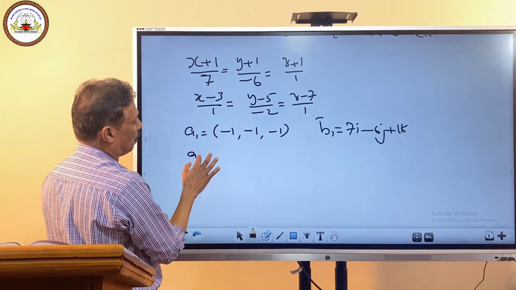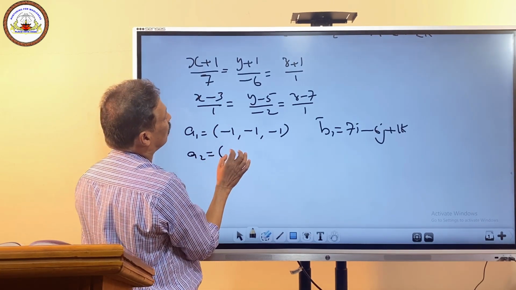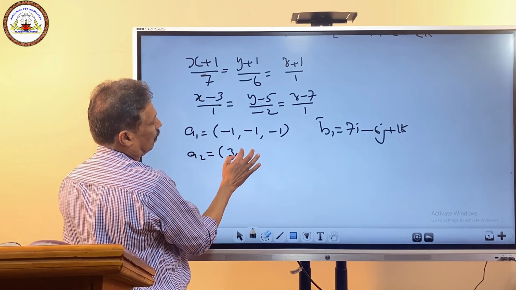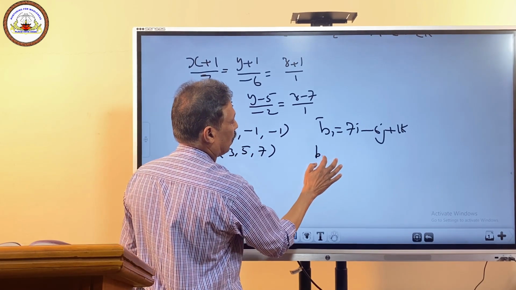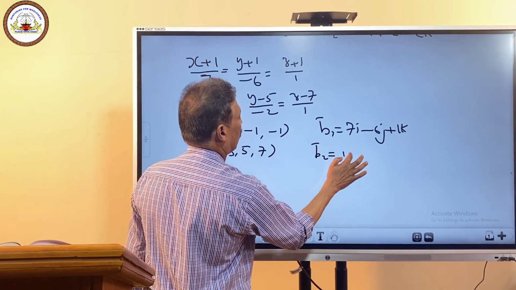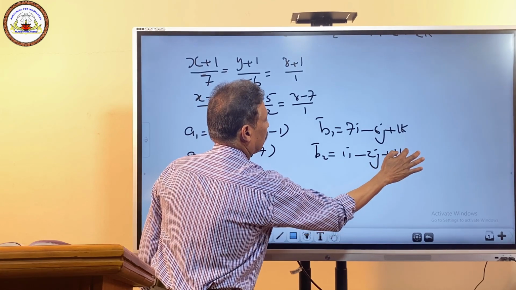And A2, the point on the second line, is 3, 5, 7. Then B2 bar equal to 1i minus 2j plus 1k.